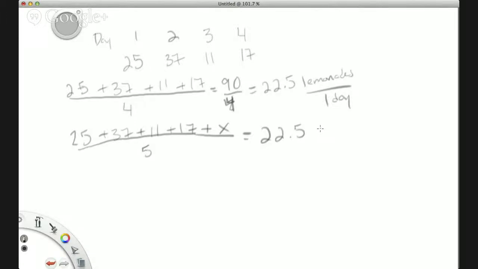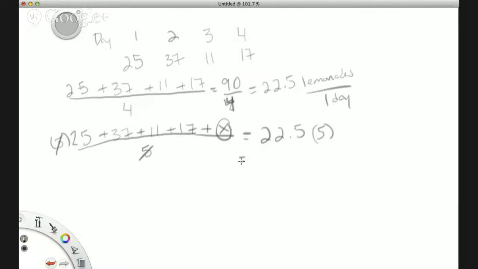So what began as a pretty straightforward average problem has now turned into a solve for X problem. We're just going to use simple algebra to get that. I'm going to assume that all of you know your algebra pretty well. To get X by itself, the first thing we've got to do is get this 5 out of the way. So by multiplying both sides by 5, we'll be well on our way.